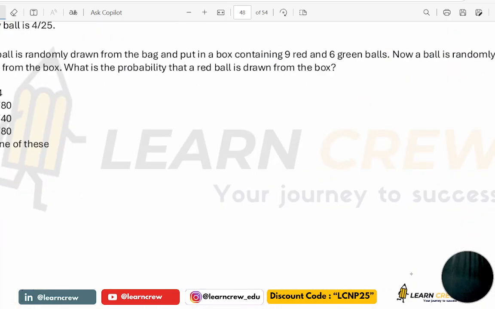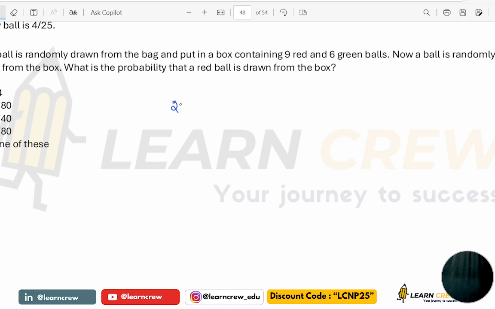Next, same. How much are you going to get? Here, one ball is drawn randomly from the bag and put in the box containing 9 red and 6 green balls. Now a ball is randomly drawn from the box. What is the probability that a red ball is drawn?